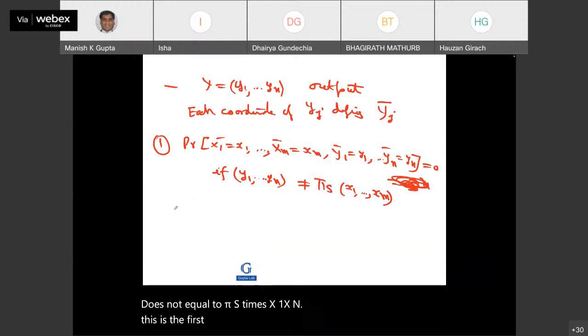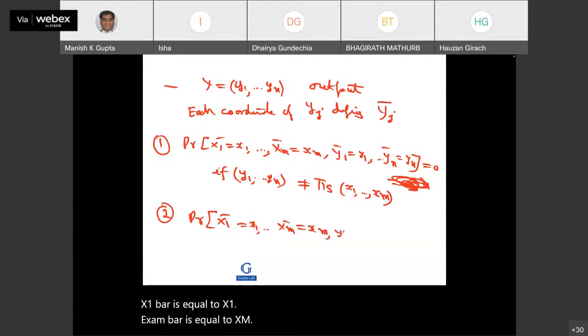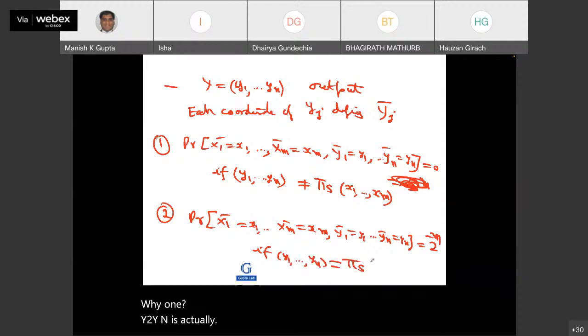Second property: the probability that x1 bar is equal to x1, ..., xm bar is equal to xm, y1 bar is equal to y1 and ... yn bar is equal to yn is 2 raised to the power minus m if y1, y2, ..., yn is actually pi s of (x1, x2, ..., xm).